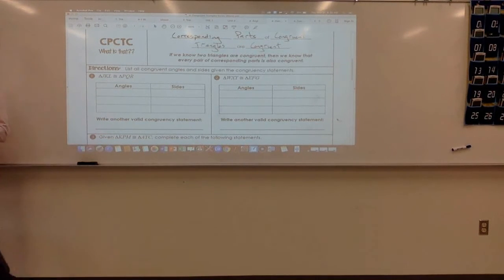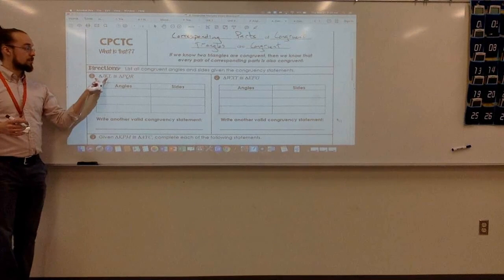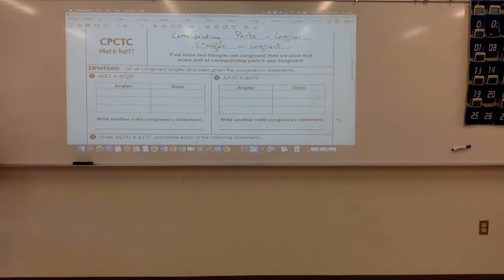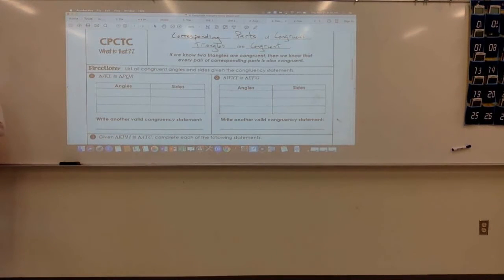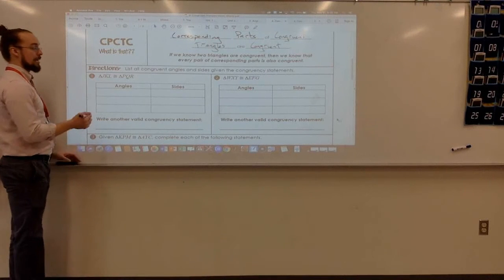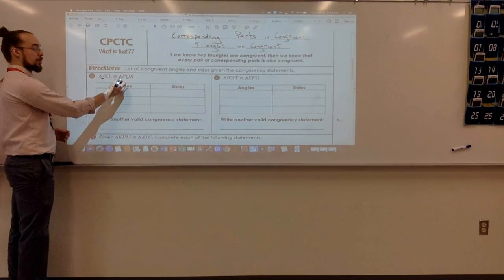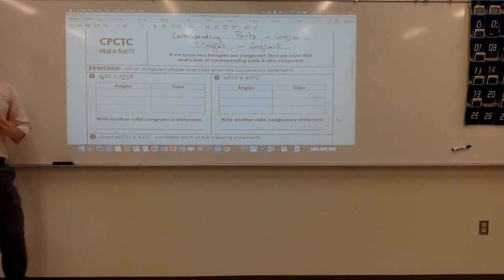So if I'm just given a statement like this, a congruent statement for two triangles, I can get every pair of congruent angles and every pair of congruent sides out of just that statement. I don't even need a picture. If I want to match up the corresponding angles, I just look at the order that these are written. So J and P would have to be the same.